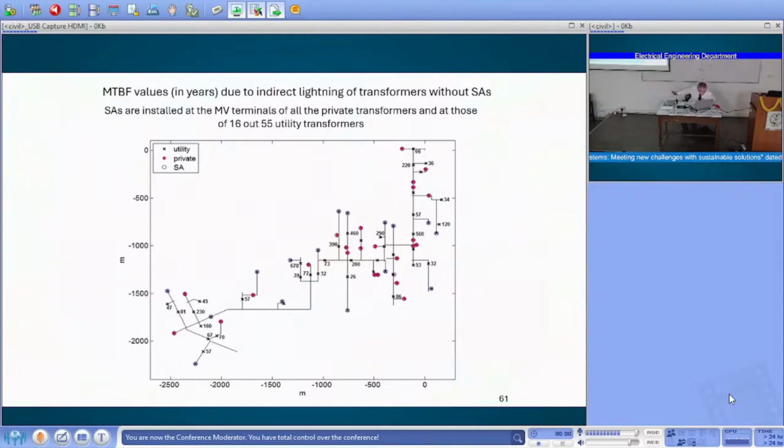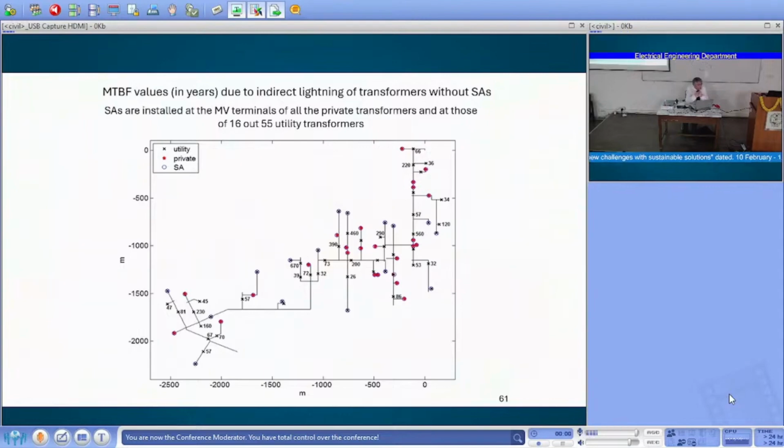There are parts in which it is just 26 years, 34 years, and 47 years here. So it means that you might expect a problem in some year.